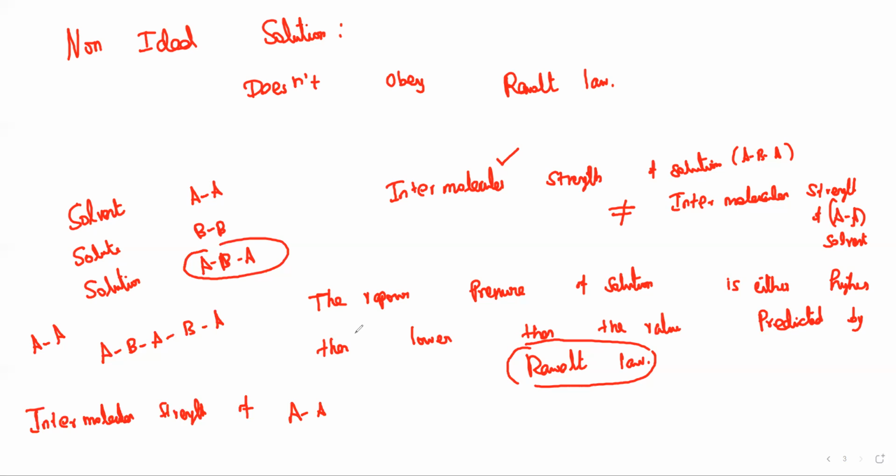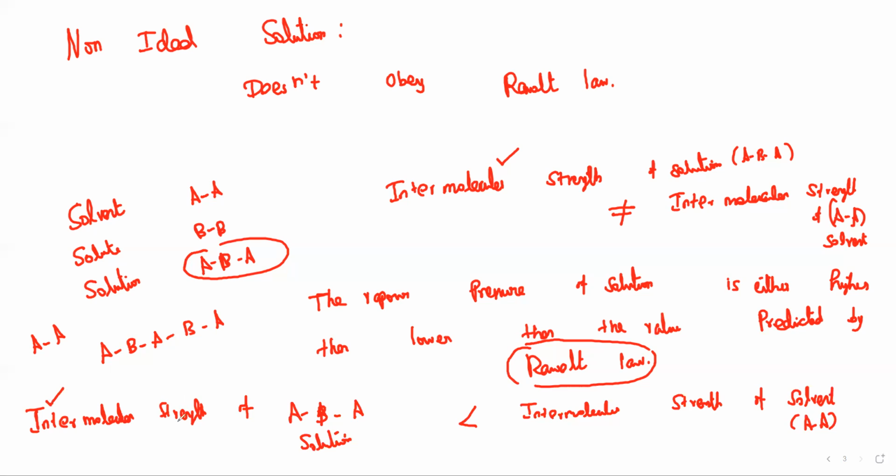When the intermolecular strength of AA, or the intermolecular strength of ABA, that is the solution, is less than the intermolecular strength of the solvent, what will happen? Solvent is the original form. So I'm adding a solute. Because of that solute, the intermolecular strength is reduced.